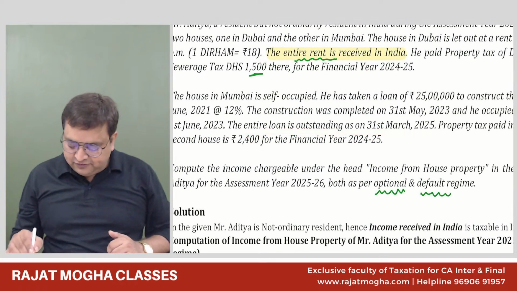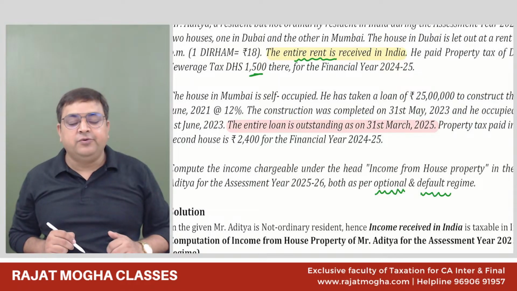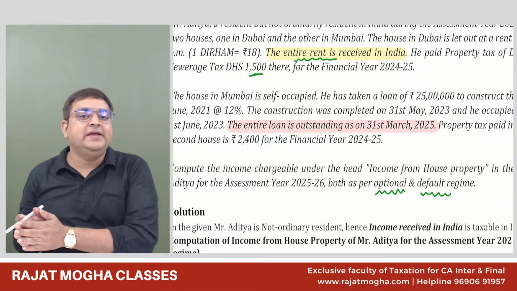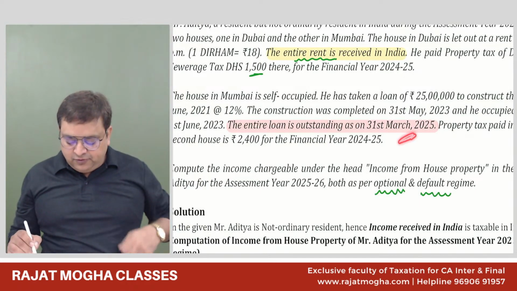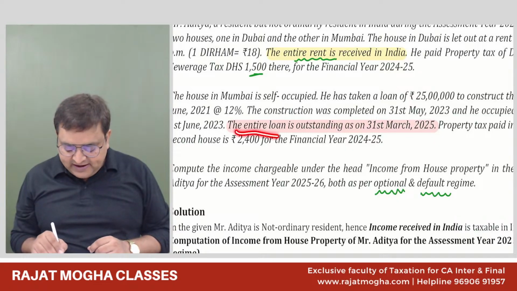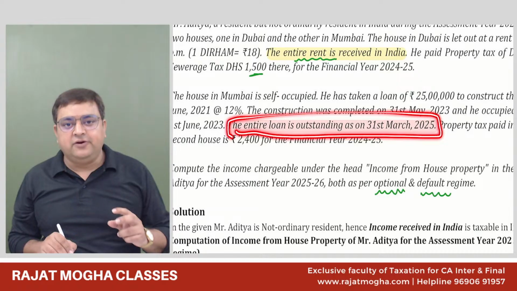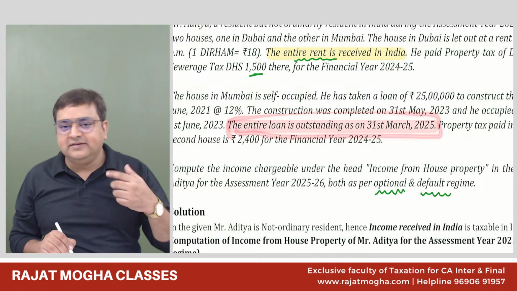The entire loan is outstanding as on 31st March 2025. See, this line is also important for us. What is 31st March 2025? This is the last day of our current year. Everybody agree? So can I say that this line is actually giving me the answer that there was a loan in the current year also? Correct. And the entire amount is outstanding.